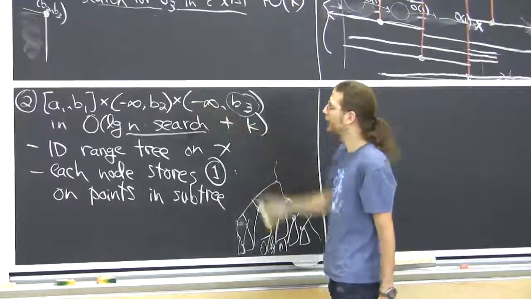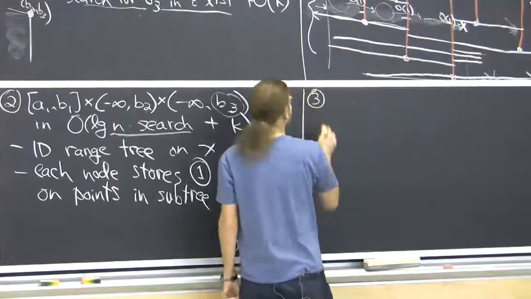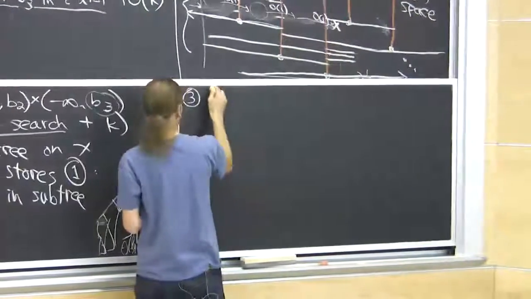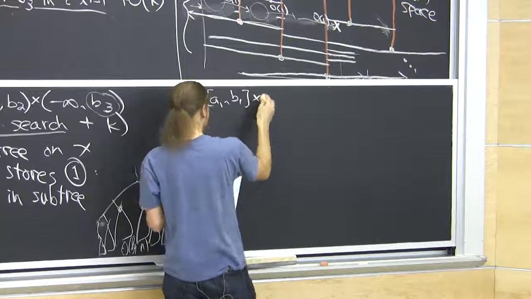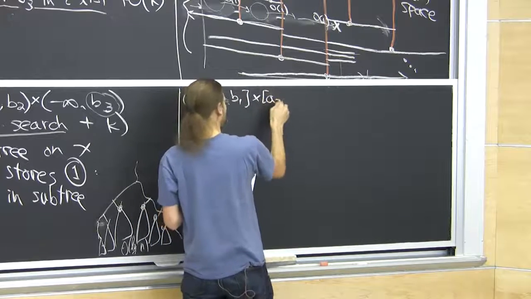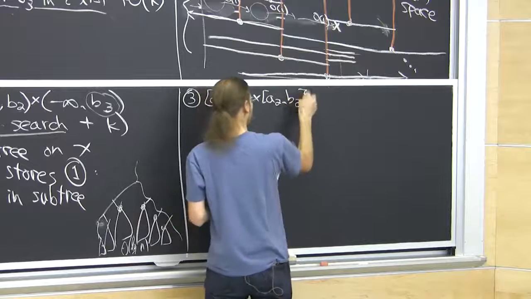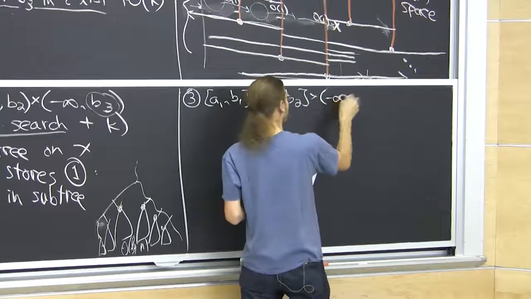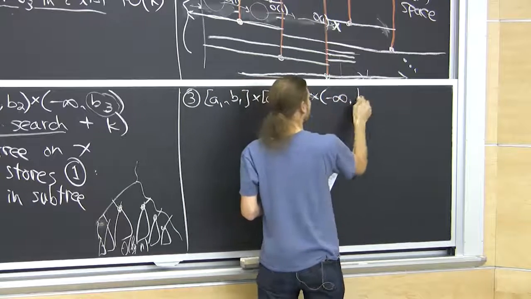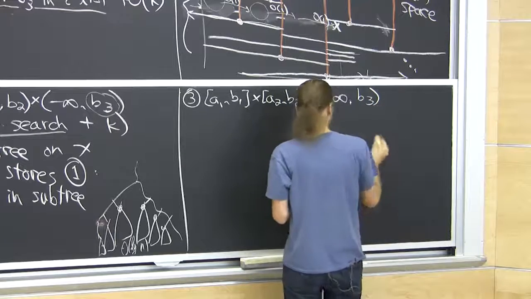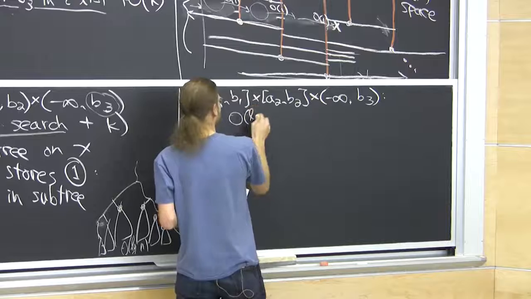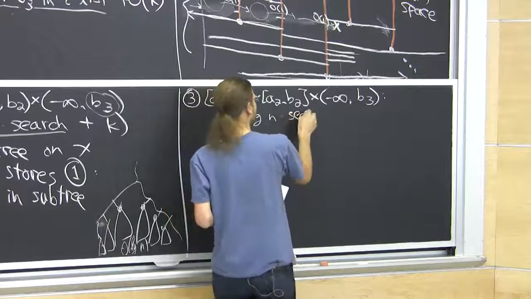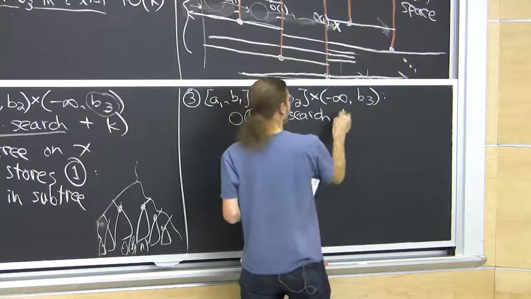First step is A2. We're going to do it in exactly the same way twice. Again, I want to do it in log n searches plus k.